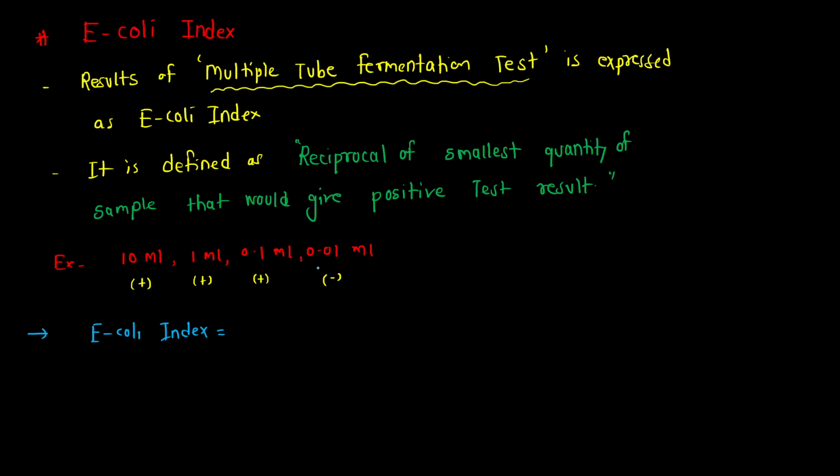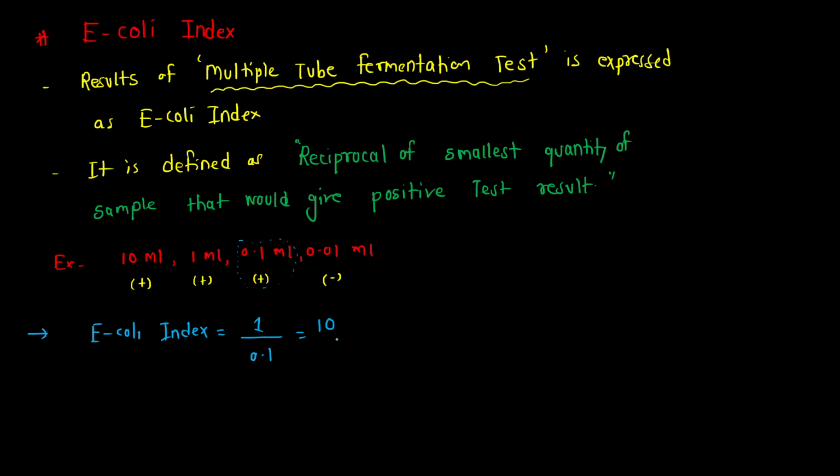So among these four, the minimum is 0.01, but is it giving positive? No. Then which is the next minimum? 0.1 ml. Is it positive? Yes. So this would be the sample that we will require. The formula for E. coli index is the reciprocal of the volume of the smallest sample. So it is 1 by 0.1, that will be 10. Okay.